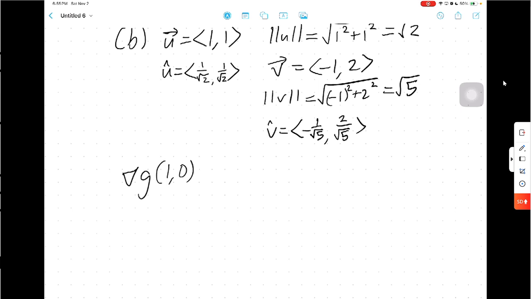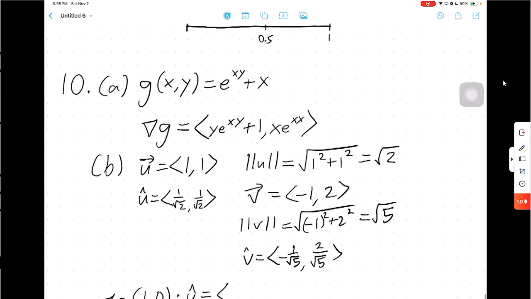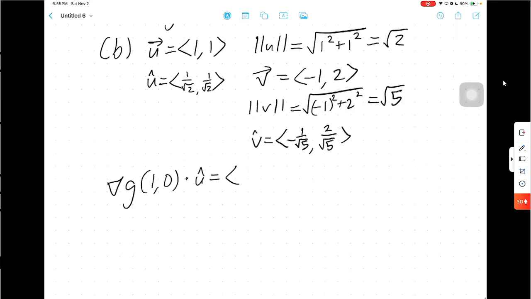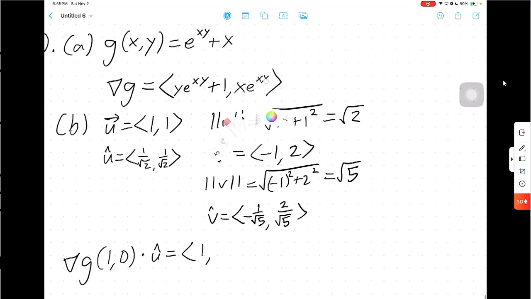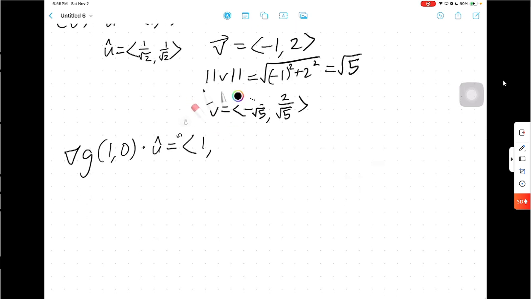Gradient of g applied at (1, 0), dotted with u, is equal to, at (1, 0), we're going to have 0 plus 1, so we're going to have 1. And then x e to the xy is just going to evaluate to 1 as well.